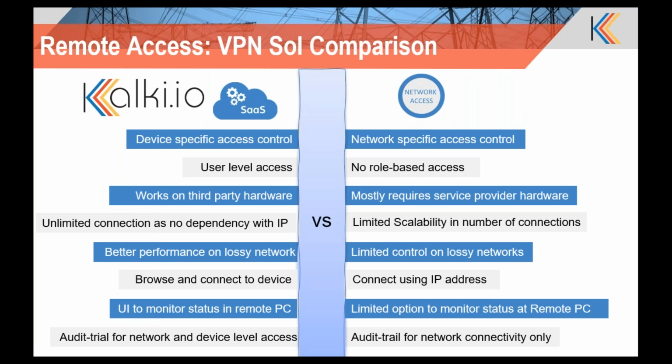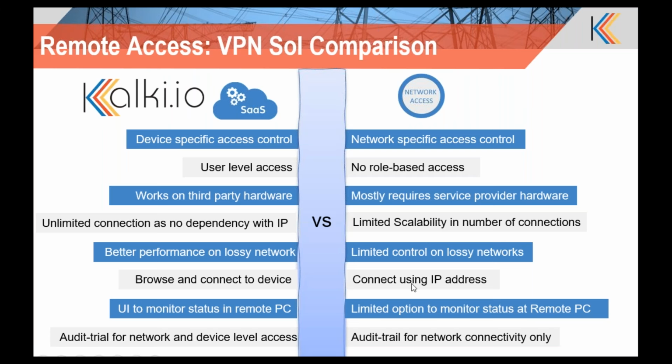That kind of adaptation is limited in a VPN network, but the Calhelio SaaS solution can work on a low power lossy network as well, by adapting the MTU size and the protocol payload size depending upon the topology or technology used to communicate with any device.